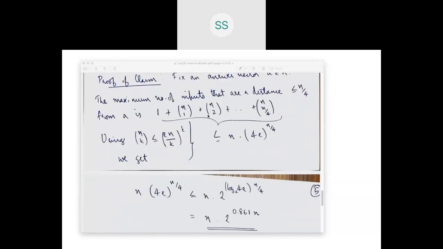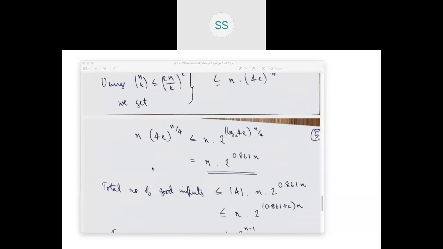All that we do is, for each vector in A, we check how many inputs it can make good. These are called Hamming balls: the points around A that are at a distance n/4 or closer.